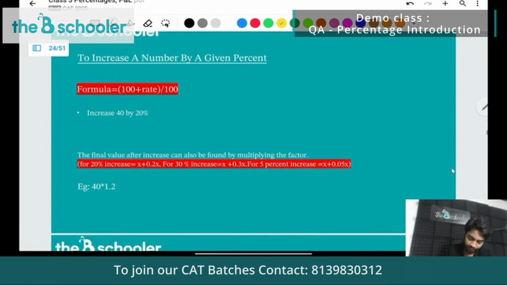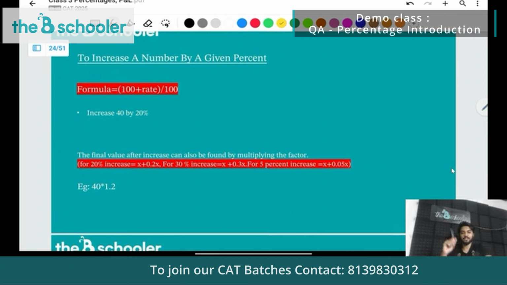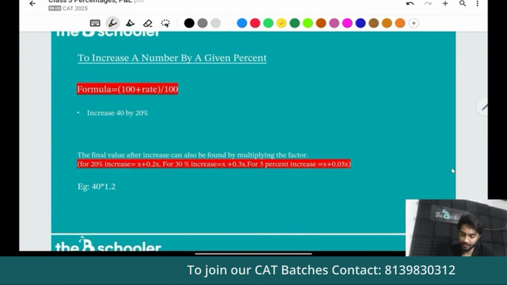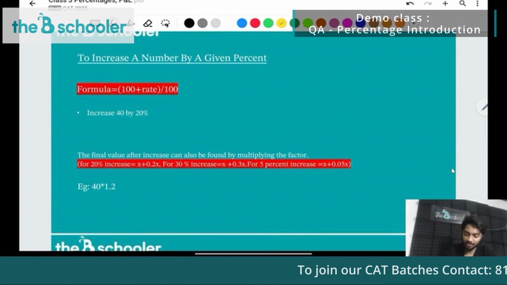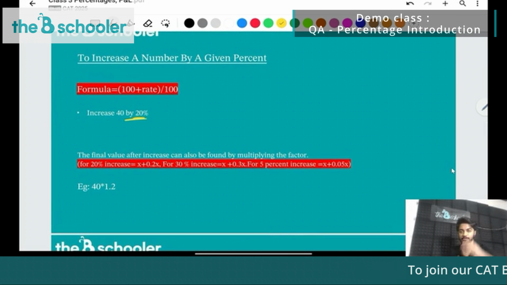Now, since we have come to percentage change anyway, we can say the increase also in terms of percentages, right? Let's say, increase 40 by 20 percent. Can you do this? Increase 40 by 20 percent.